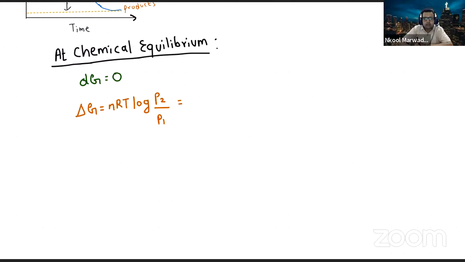Let me write something. And this equation is for the expansion of the gas process which we have been discussing since the beginning.